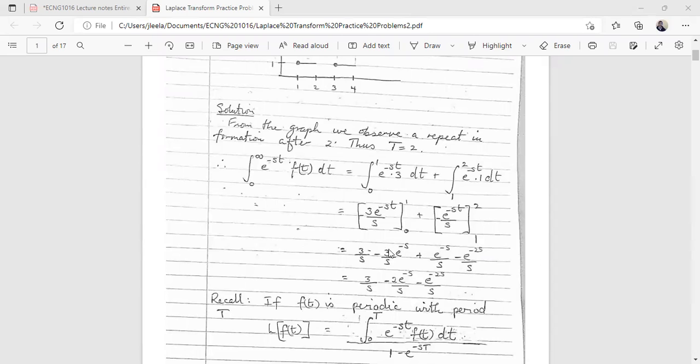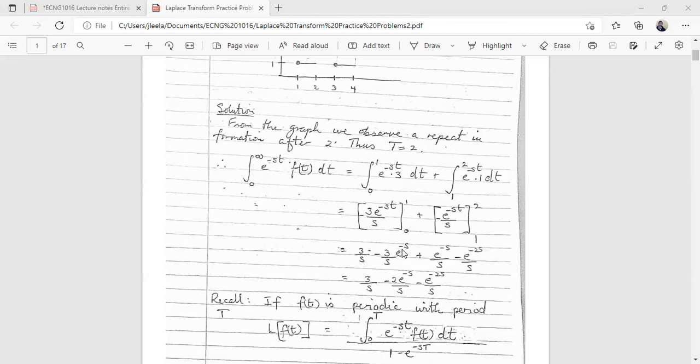Right, so if you put in 1 here, you'll have minus 3 e to the minus s over s. Right, so I write that as the second term, and if you put in 0, you'll have minus 3 e to the 0, which is 1. So you'll just get 3 over s. So I write that in front.